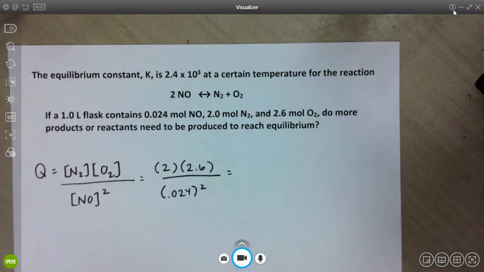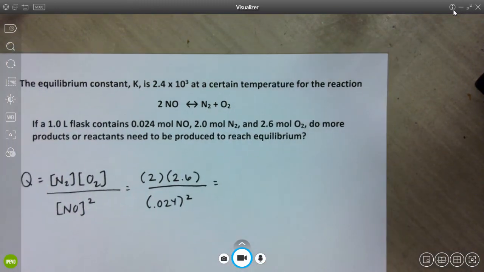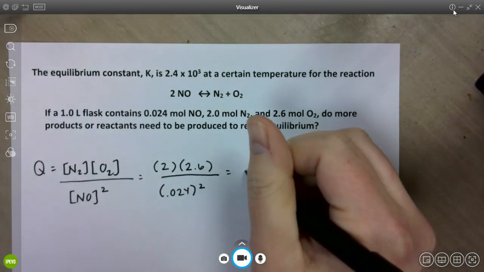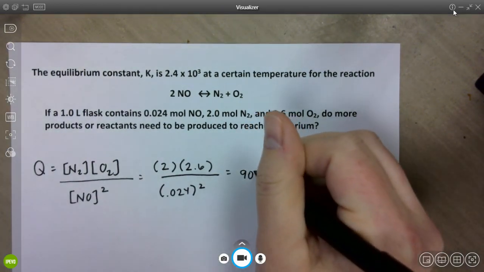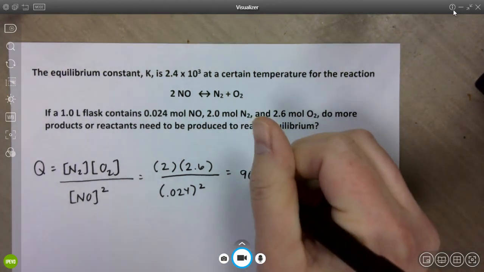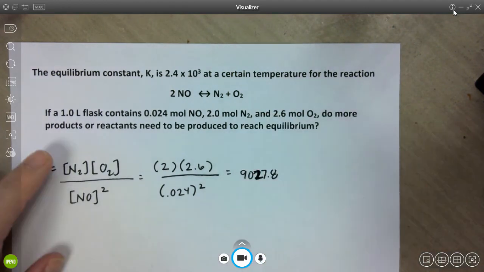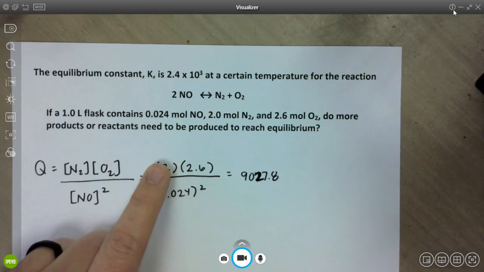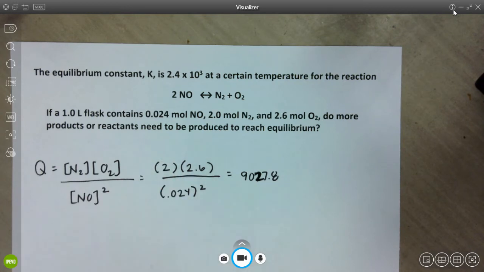Okay, so now we put this into our calculator and we get out a number. And when I do that, I got 9,027.8. So that's my current set of conditions, when I put in my concentration of products and my concentration of reactants.